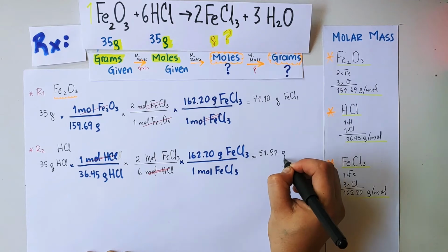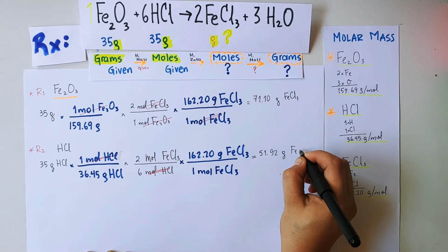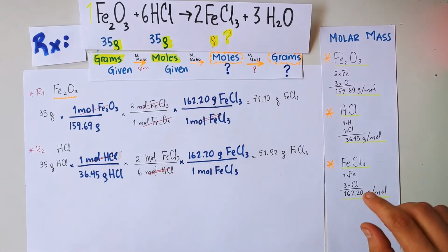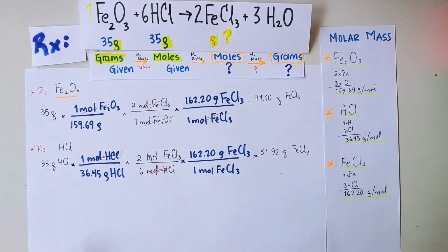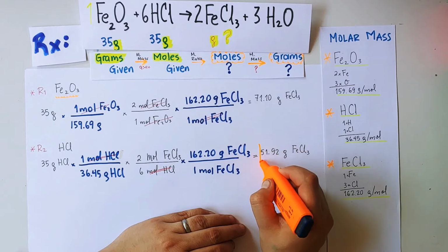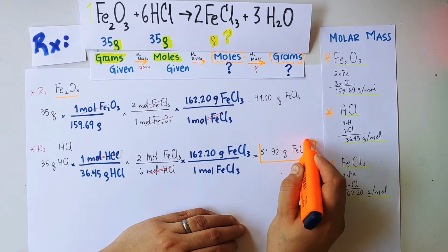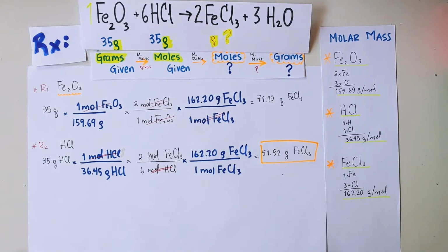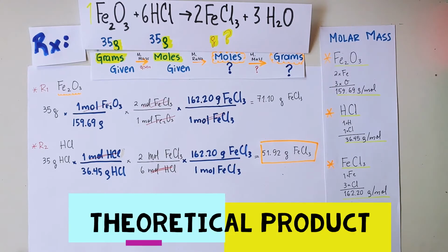51.92 grams of FeCl3. Okay, with these two answers of the two reactants, I compare. And I will always choose the one that has the least amount, the one that produces less. That in this case is 51.92 grams of iron 3 chloride.